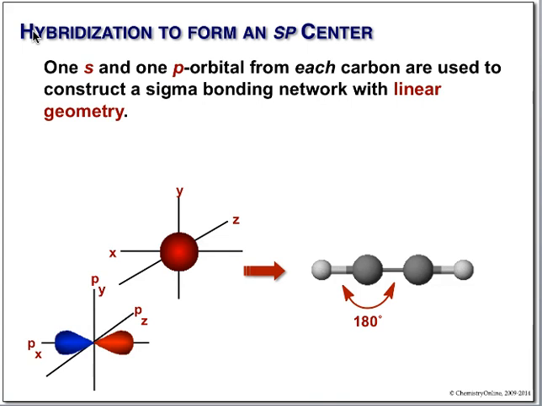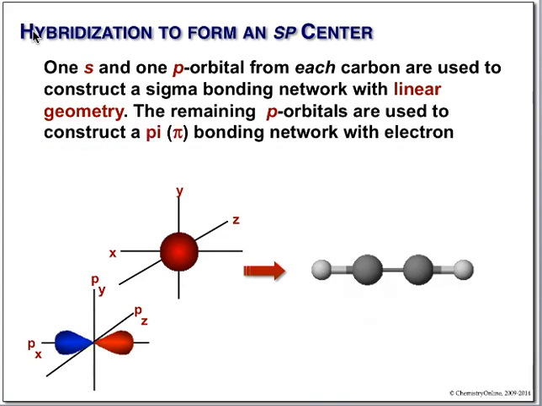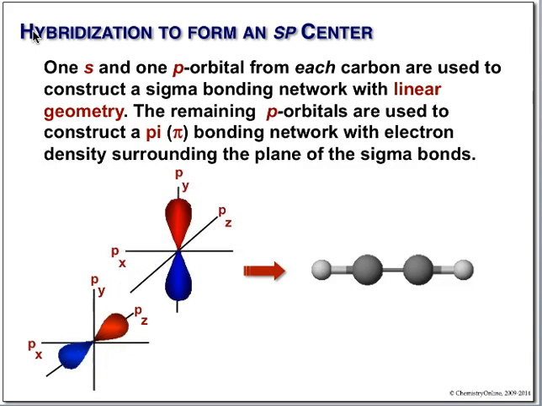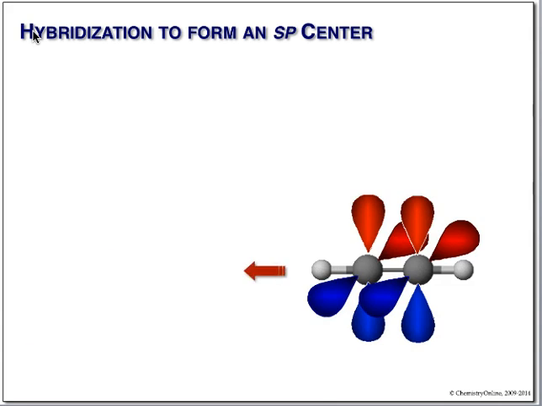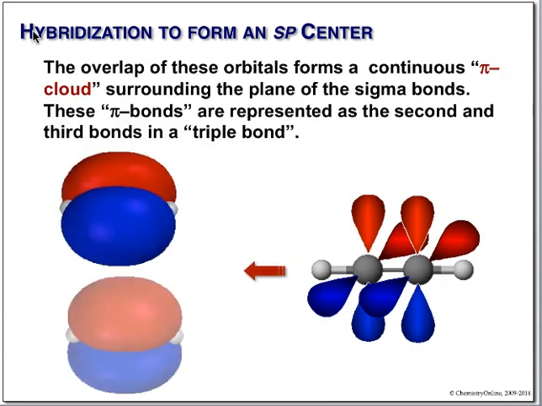Now, each carbon also has 2 p orbitals left over that we haven't used yet. I'm calling these the py and the pz. If we show these on these carbons, they look like this. Those are our leftover orbitals. Now, when orbitals are aligned properly, they can overlap, and they form molecular orbitals that look something like this.